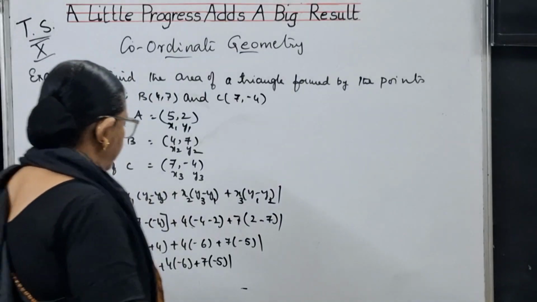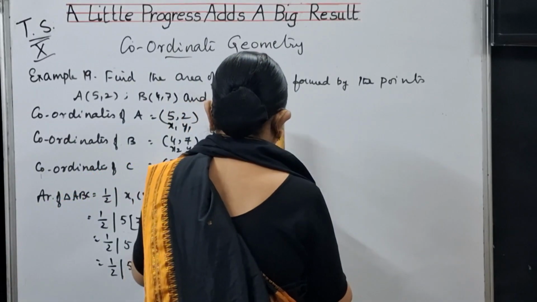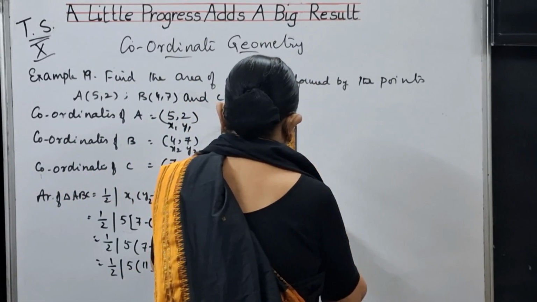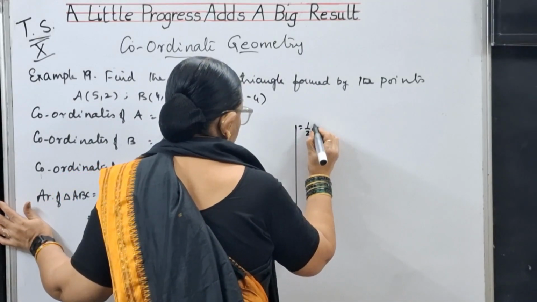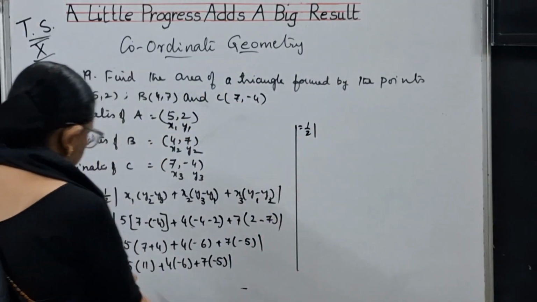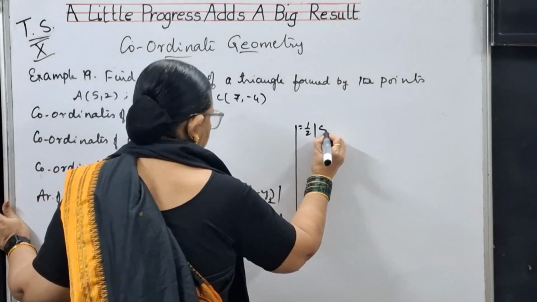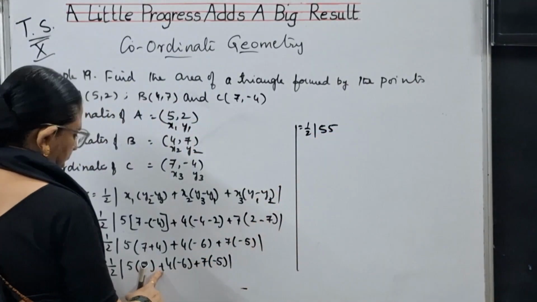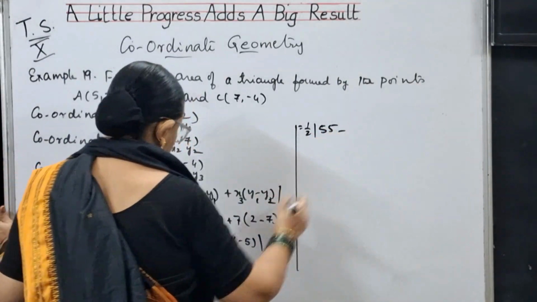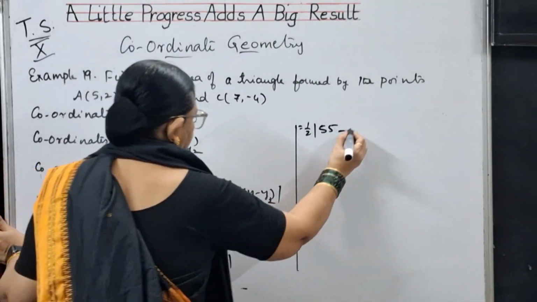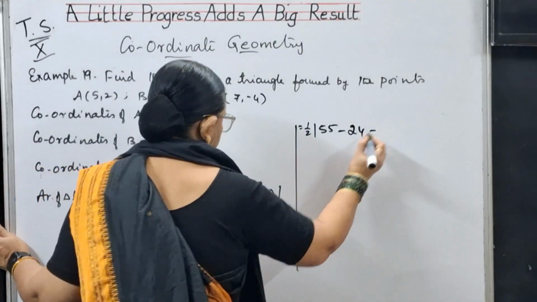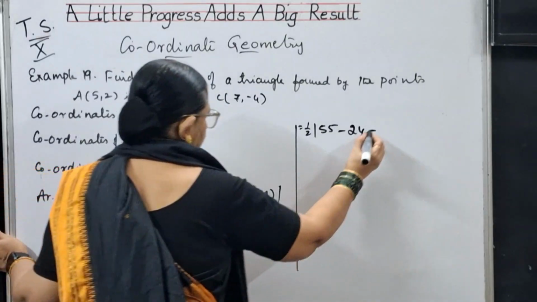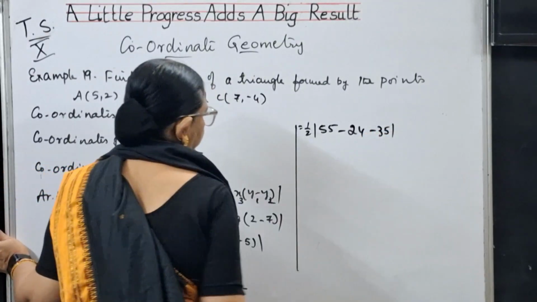So let us continue. This is half modulus 5 into 11, 55, plus into minus, minus 6 fours are 24, plus into minus, minus 7 fives are 35 modulus.